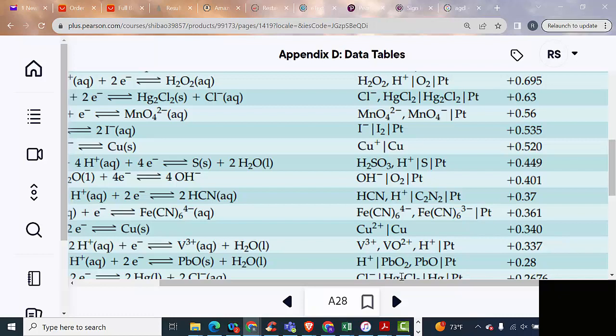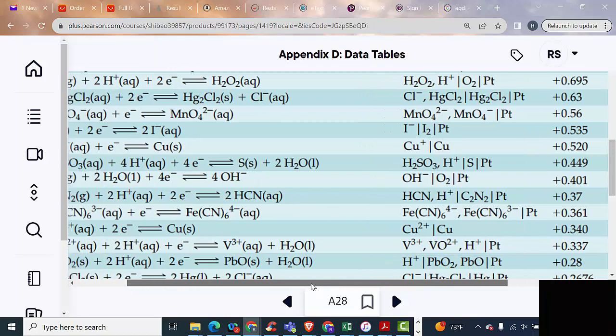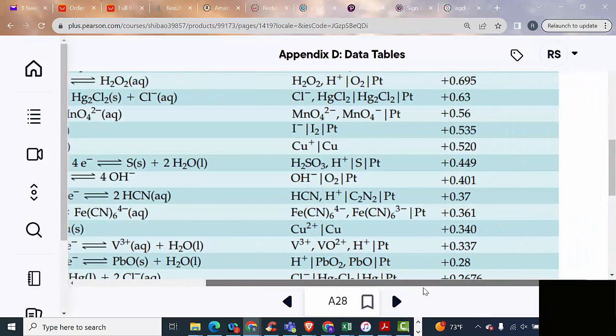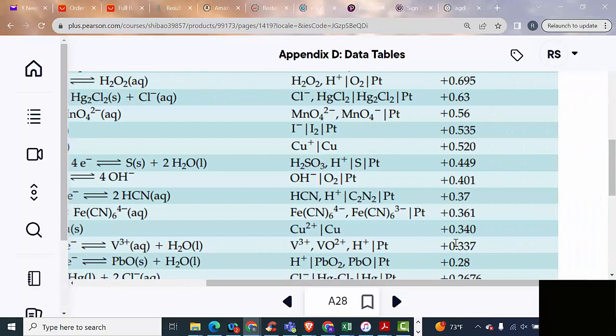So if I go from copper to copper 1, and then copper 1 to copper 2, and I add those two, like Hess's law, I get a total of 0.679 negative. Whereas if I just go from copper metal straight to copper 2, what does that come out to? 0.34 volts, a huge mismatch.